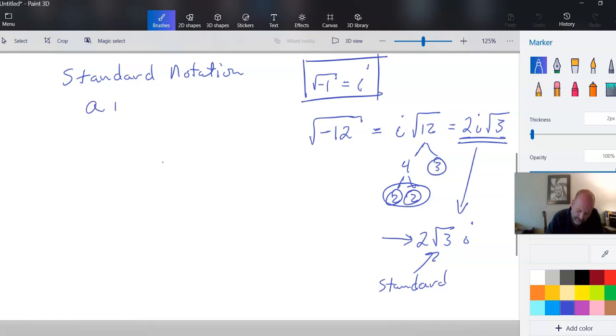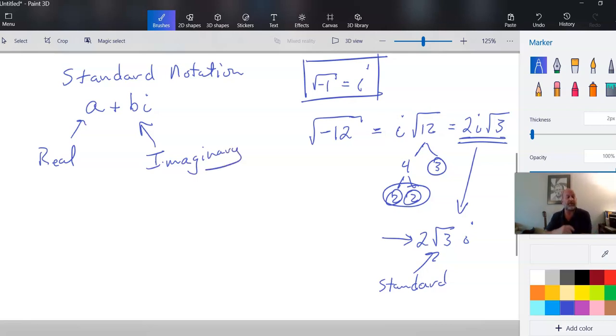It's a plus bi. So I have, this is called the real part. And this bi, or actually b, is called the imaginary part.